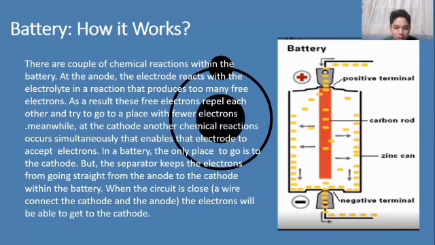In a battery, the only place to go is to the cathode, but the separator keeps the electrons from going straight from the anode to the cathode within the battery. When the circuit is closed, a wire connects the cathode and the anode. The electrons will be able to get to the cathode. Kung makita natin dito sa picture.